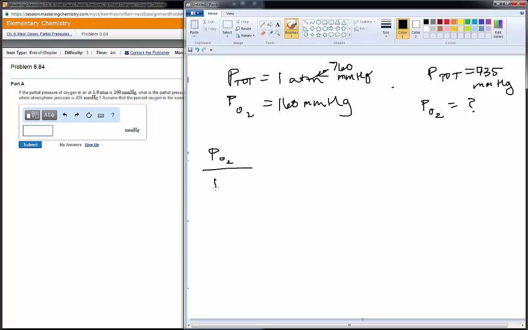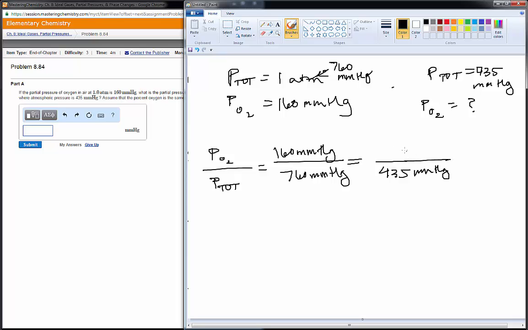So the fraction of oxygen compared to the total is 160 over 760. And that's going to be the same. The fraction won't change. The pressure might, but the fraction won't change. So if I'm at 435, then my total pressure has gone down, and so will the pressure of the oxygen.